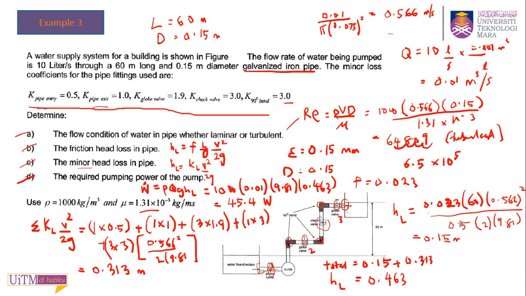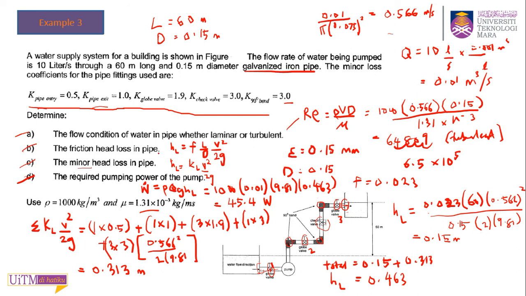Any other question? No sir. Then, okay. I hope you get the concept, or you understand how we can calculate the losses in the piping system, and how we can calculate the required pump power from that loss.